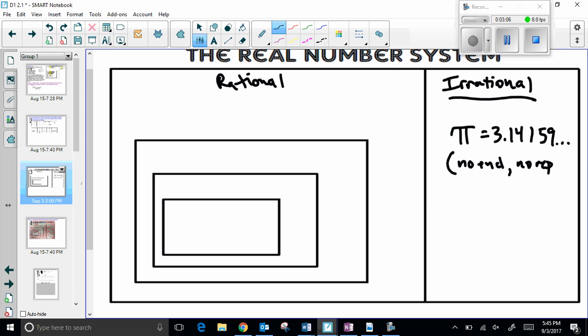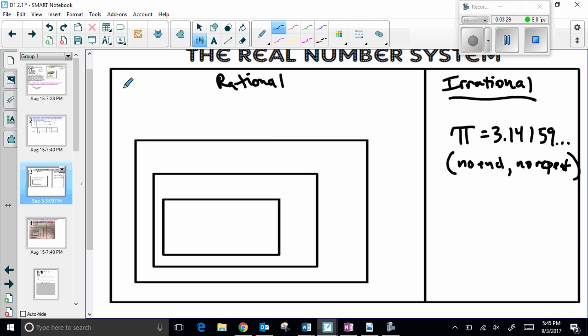So that's something to keep in mind as we keep going through this classification. If you have a number that doesn't end but also doesn't repeat, that doesn't work. However, what you can have is a number that doesn't end, it just has to repeat.